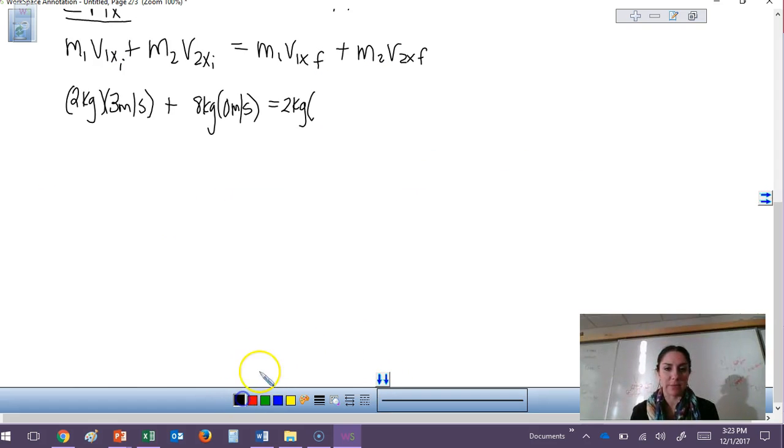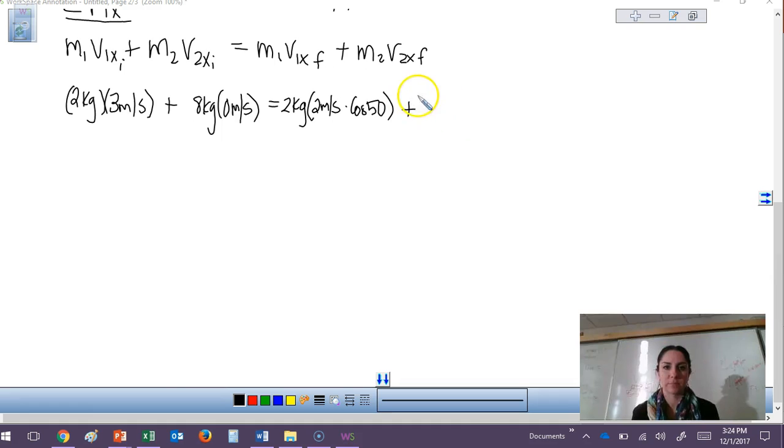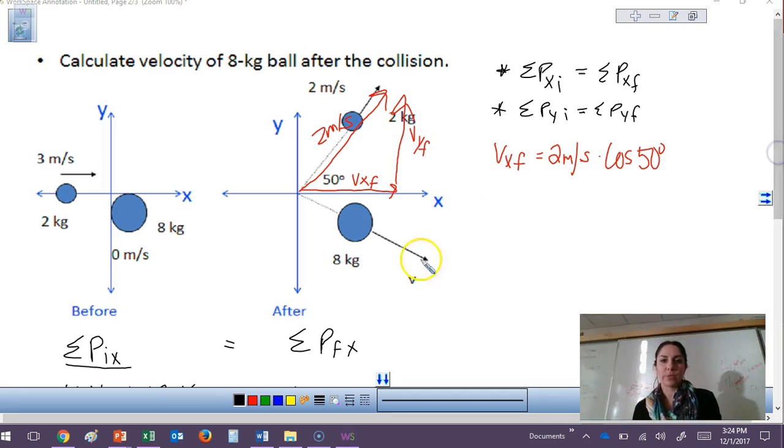I'm going to plug it in down here, so 2 meters per second times cosine 50 degrees, plus the mass of the second object times its final velocity in the x. What this solves for is the x component of this velocity right here. So Vx final for 2, and just to be complete, this is Vx final 1.